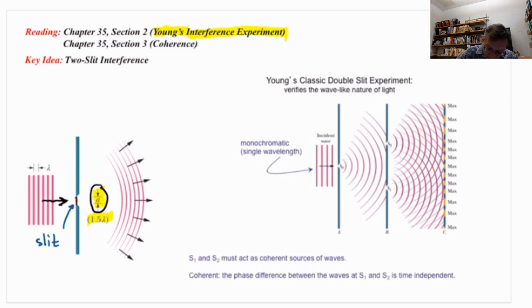So now the wave fronts have curvature as a result of going through that narrow slit, and then those wave fronts are traveling outward in all directions, like so.